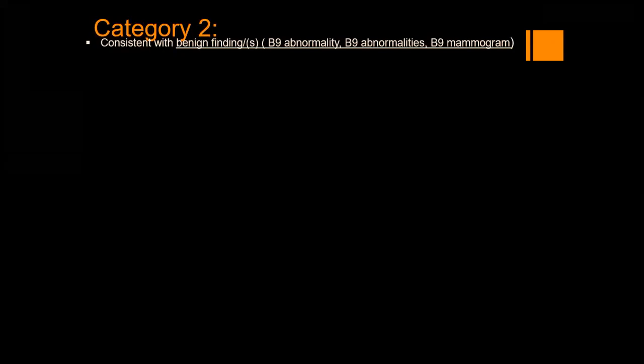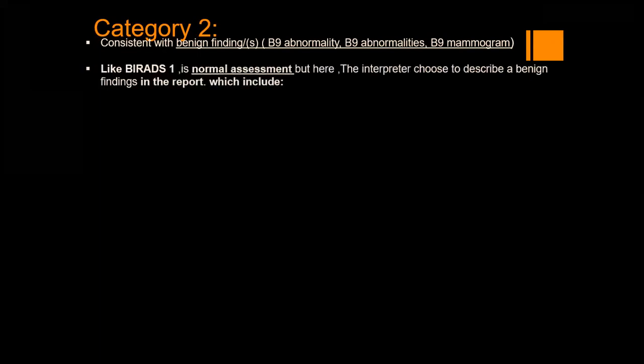Whatever you want to select from this terminology, you can use it. BIRAD 1 is a normal assessment, but the interpreter chooses to describe benign findings in the report. What are these benign findings?